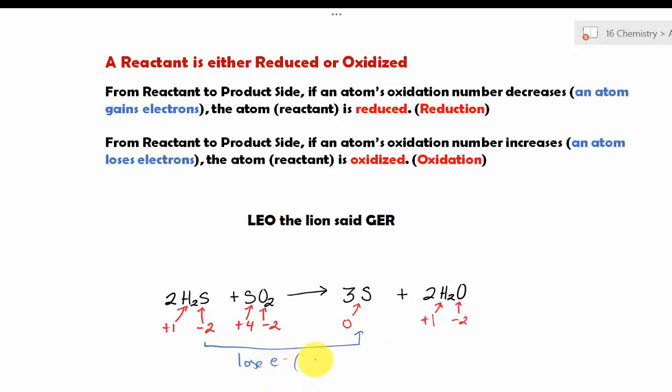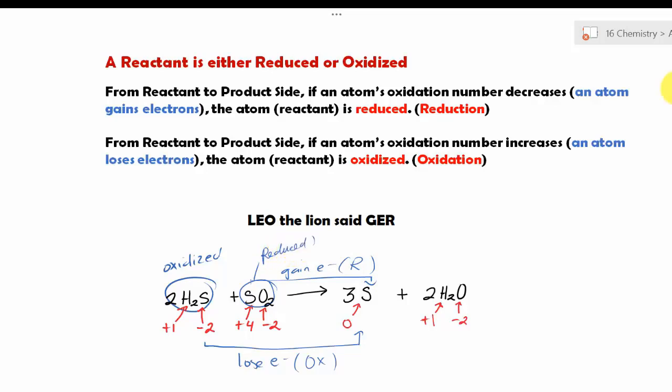So when it loses electrons, it undergoes the oxidation process, and therefore this is being oxidized. If we look at this other sulfur, it goes from +4 to 0. The only way it becomes less positive is by gaining electrons, and that is the reduction process. Therefore, this sulfur in this reactant is being reduced.